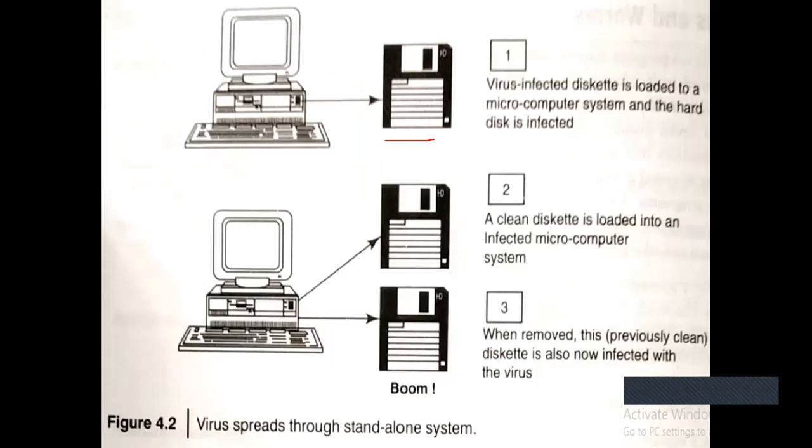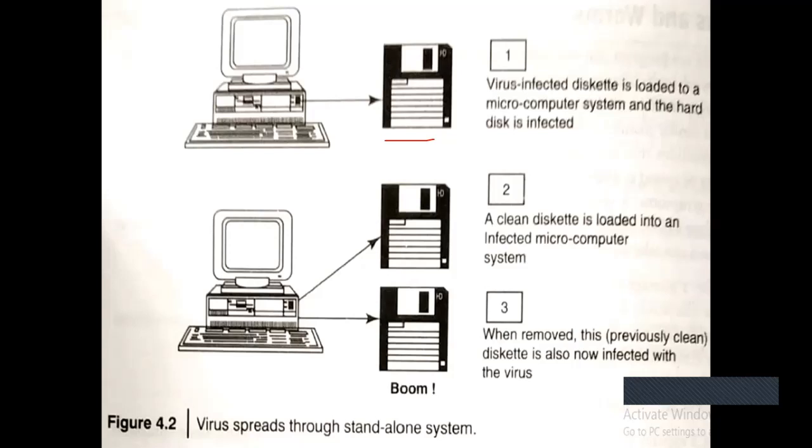Now this virus from the floppy disk enters into the computer, and once that happens, your system gets affected. After that, your floppy disk is containing some virus or some malicious code in it.